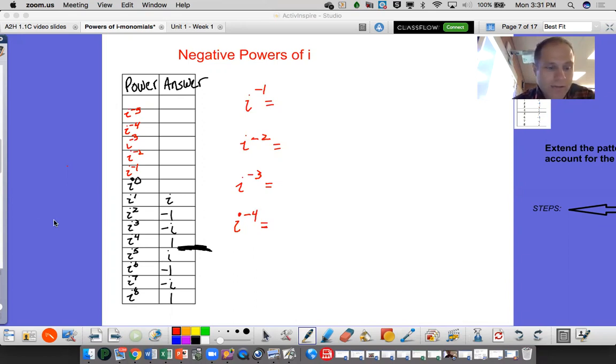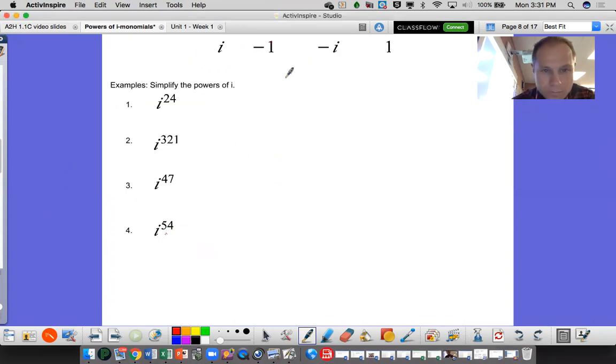So what we have then is the ability to make a nice little pattern here. I have them listed across the top, and you might want to jot those down: i, -1, -i, 1. Underneath it, I'm going to write the remainders when divided by 4.